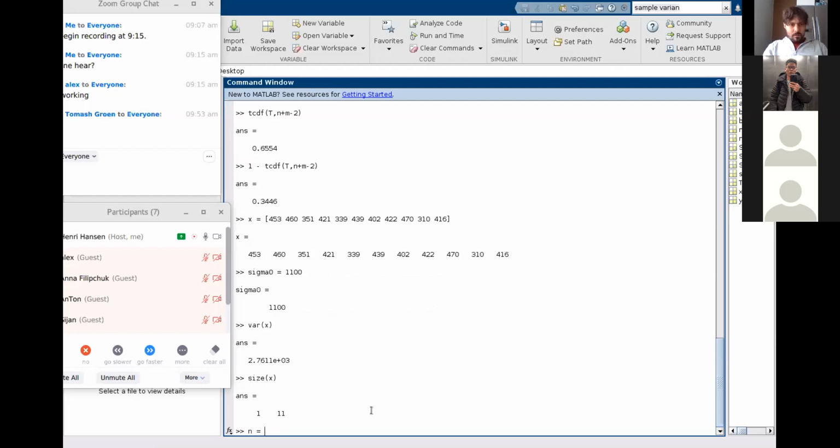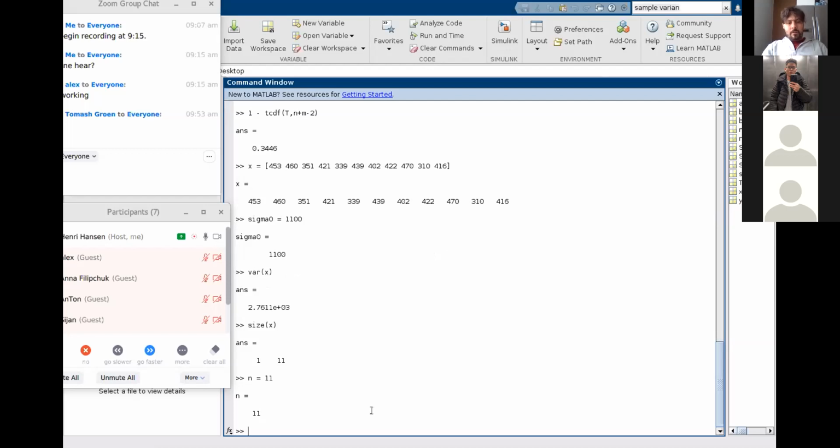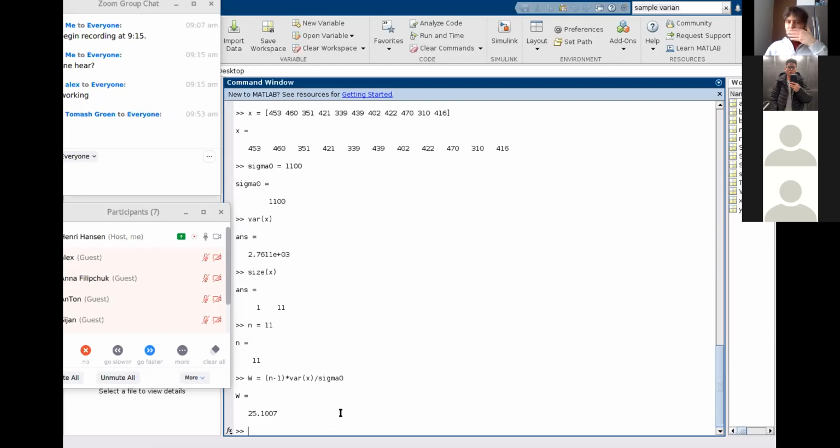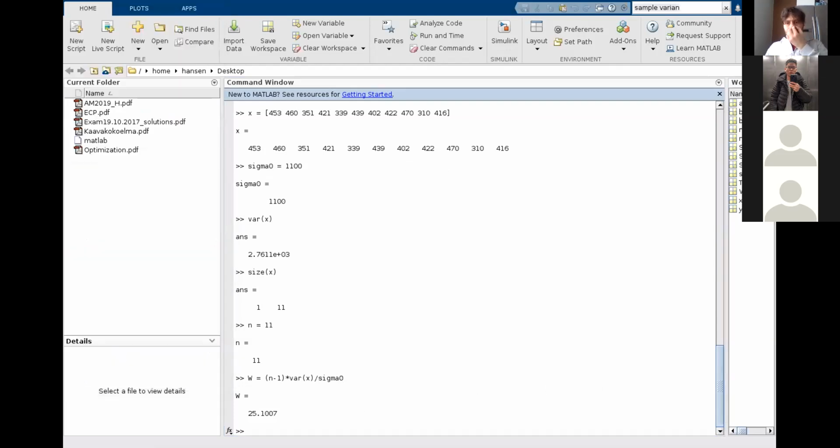So N equals 11, right? So our W is now N minus 1 times the variance of X divided by sigma 0 squared. So this is our test statistic.